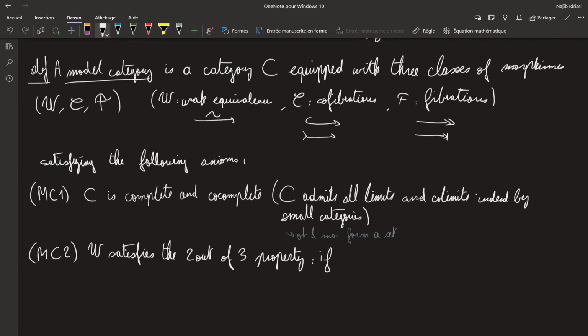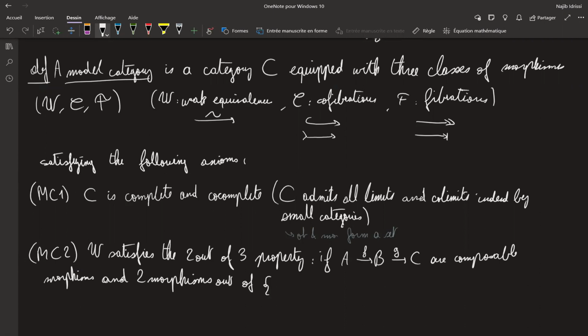If F and G are composable morphisms and 2 morphisms out of F, G, and G circle F are in W, then so is the third one, right?